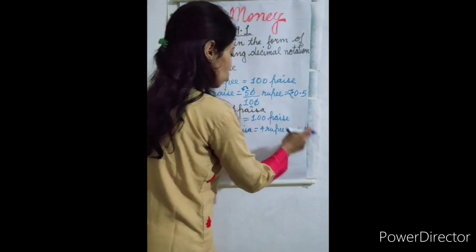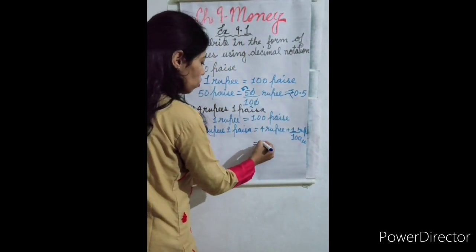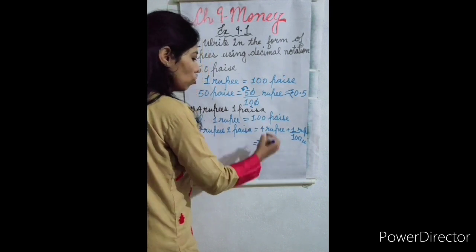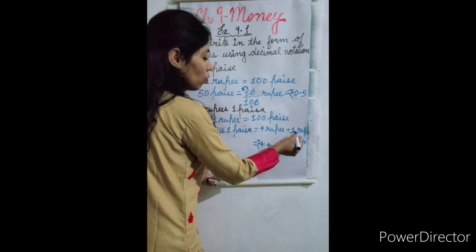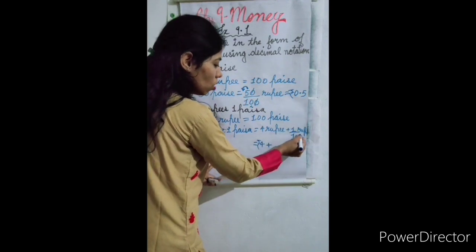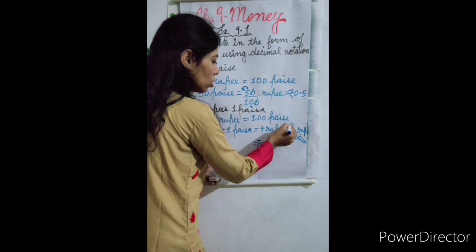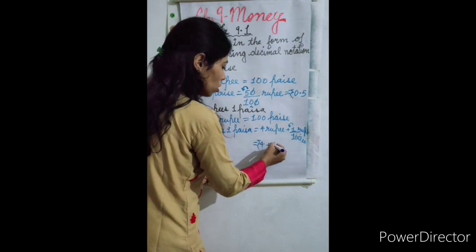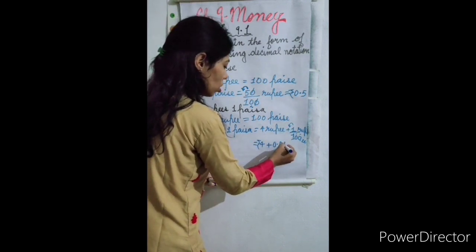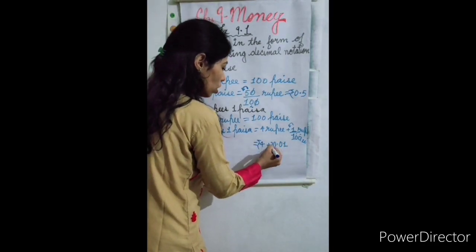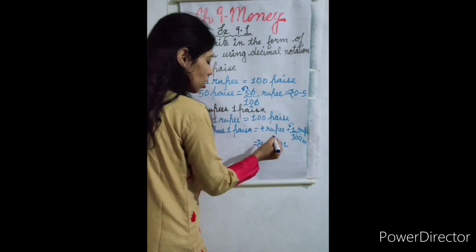This 4 rupee we can write as rupee 4 also, plus when we divide this 1 by 100, you can see 2 zeros are there, so before 2 digits we will place a 0 here: 0.01 rupee, or you can write this sign.